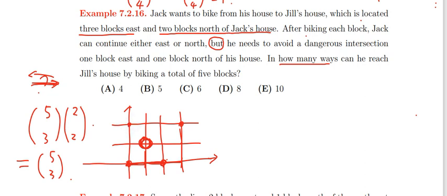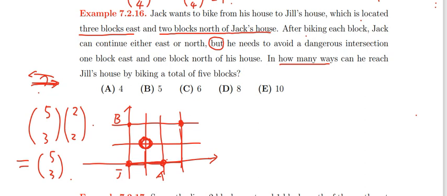So we just check. We have two cases. Suppose there's a point A, there's a point B. So we can consider this problem from Jack's house. At first go to A. So from A to the destination, how many ways?